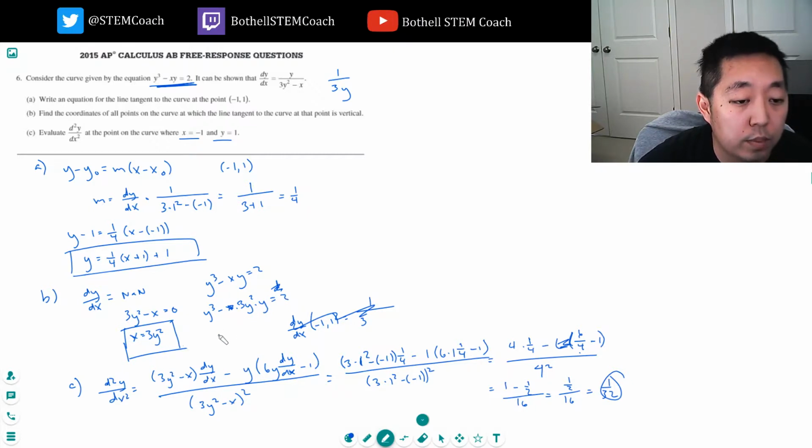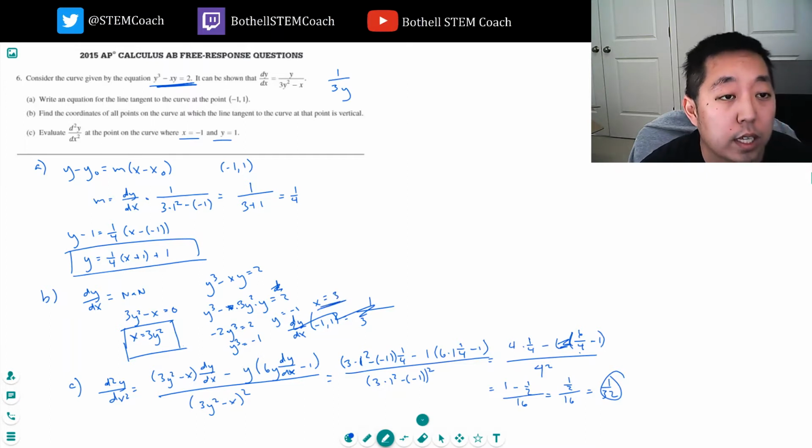So that's y cubed minus 3y cubed, which is minus 2y cubed, equals 2. y cubed equals negative 1. So y equals negative 1, and if y is negative 1, then x would be 3. So that's kind of what they did there.